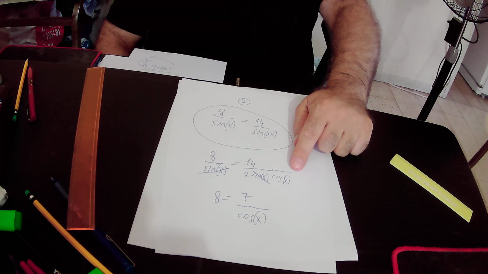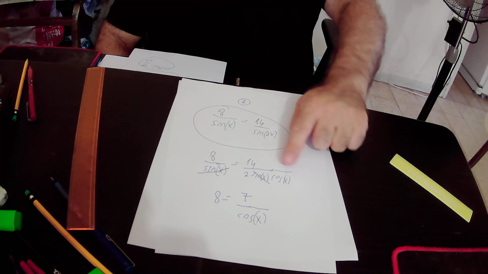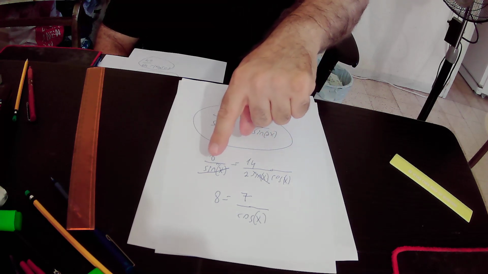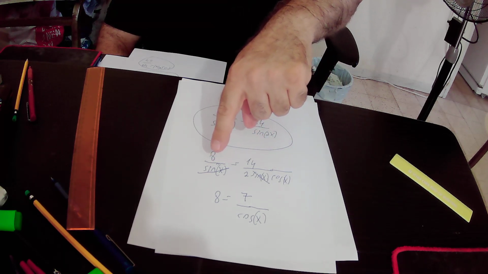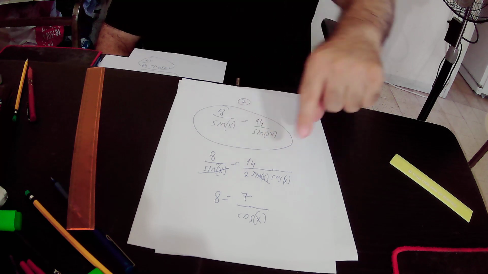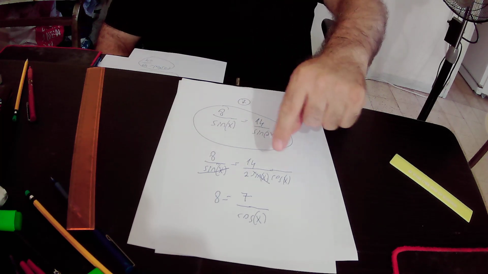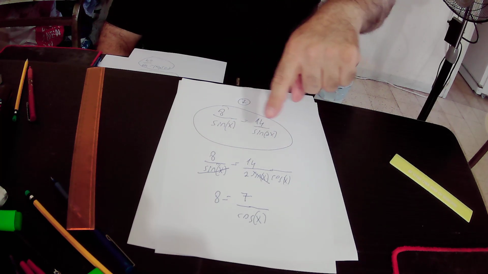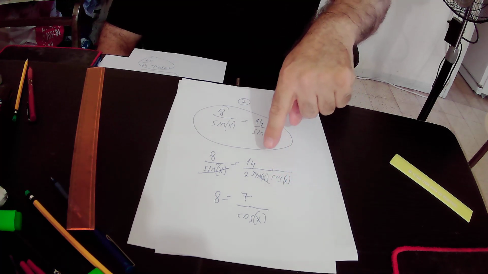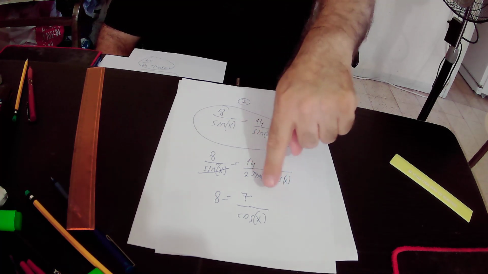And here we can cancel sine x because we have sine x in the denominator of this side of the equation, and we have sine x in the denominator of the other side of the equation. After we cancel sine x, what is left is 8 equals 7 over cosine x, because 14 divided by 2 is 7.